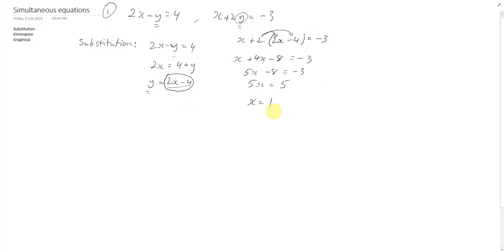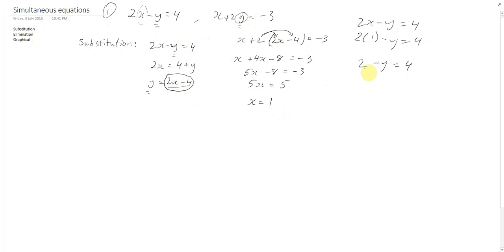Now that I've got x equals 1, I still need to find what my value of y is. So I'm going to substitute x equaling 1 into one of my equations. It doesn't matter which, I'm going to just throw it into the first equation. So 2x minus y equals 4, but with x being 1, that's 2 times 1 minus y equals 4, which is 2 minus y equals 4.